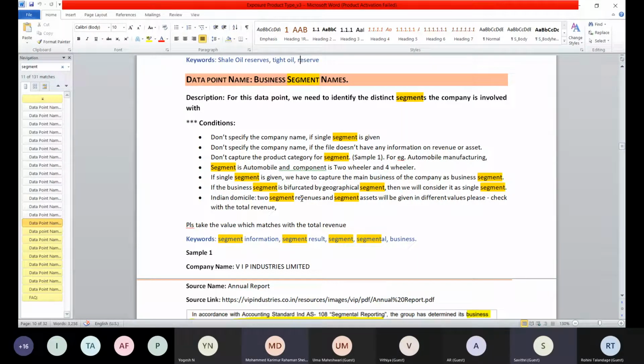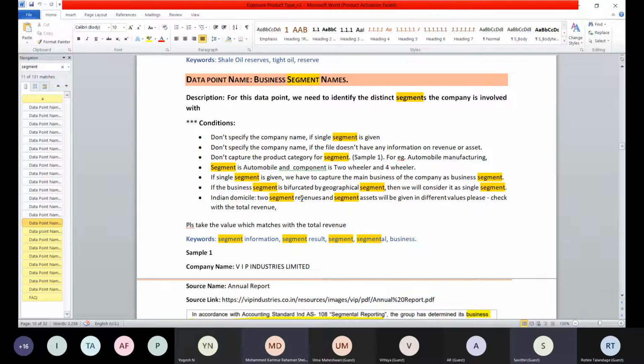The next condition is don't specify the company name if the file doesn't have any information on revenue or assets. There are a few more ways we can follow to find the business segment. The first thing is to go by the keyword.